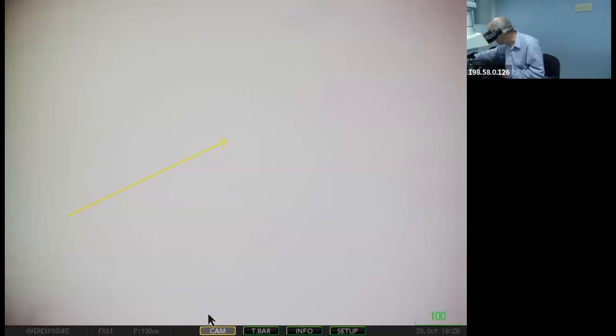You see this staining is allowing you to see the different cells.